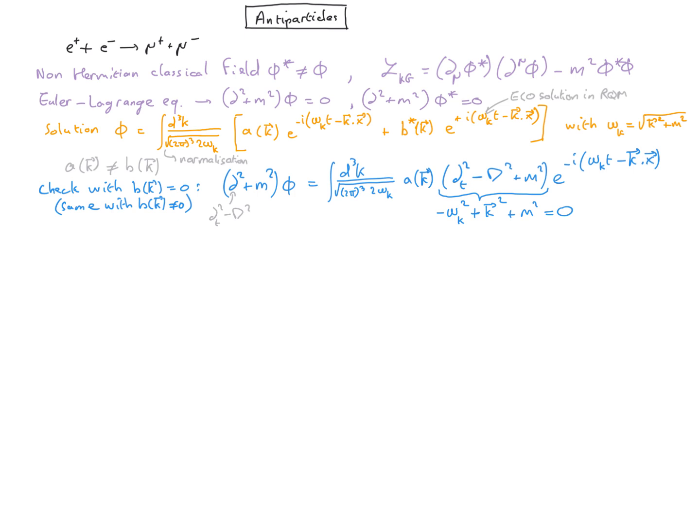But now in field theory, omega_k just represents a time frequency, and it doesn't matter if we have a positive or negative time frequency. This is not necessarily associated to an energy. We will come back later to the actual energy carried by this negative frequency solution.